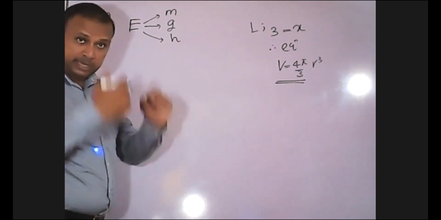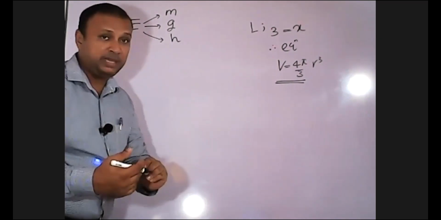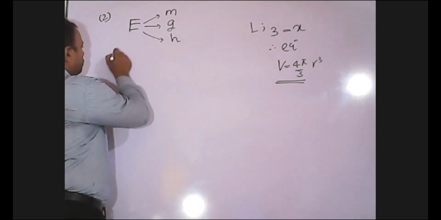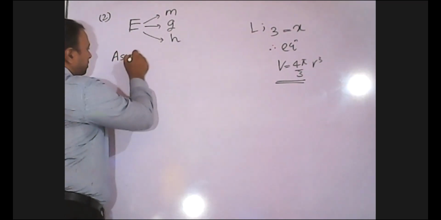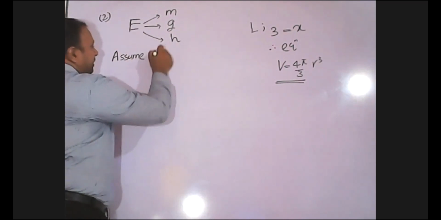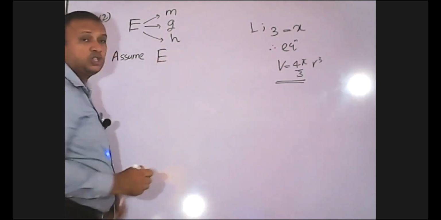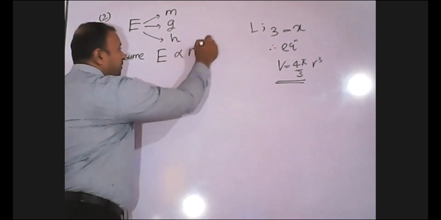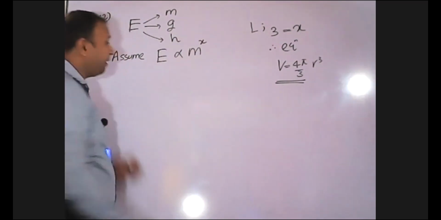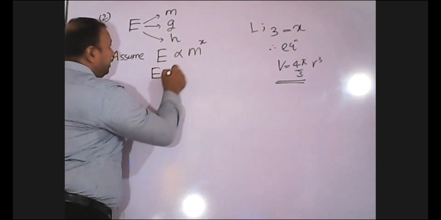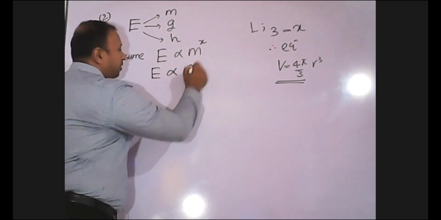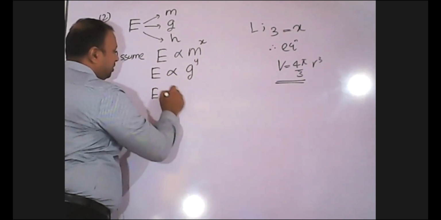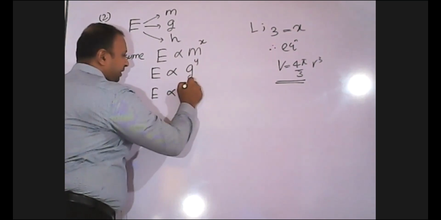According to the given data, my first step is the assumption. Assume the potential energy is directly proportional to some power of m, directly proportional to some power of g, and directly proportional to some power of h.